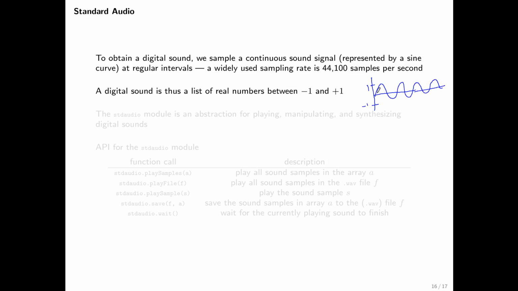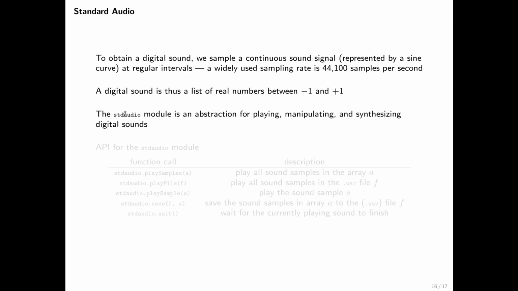And if you discretize it, using the idea that I just described, then what you're storing for this sine curve is basically the values of these points, which are all between -1 and 1. Okay? So the digital sound then is nothing but a list of numbers which are each between -1 and 1, right?